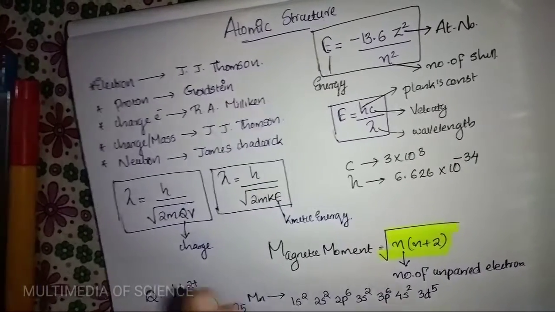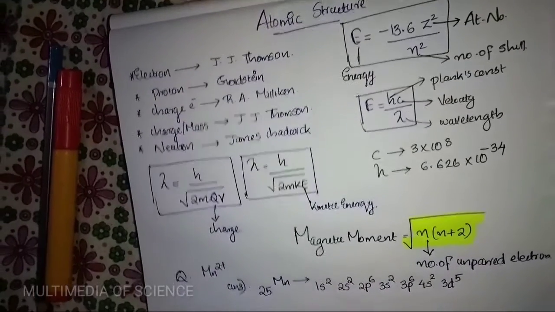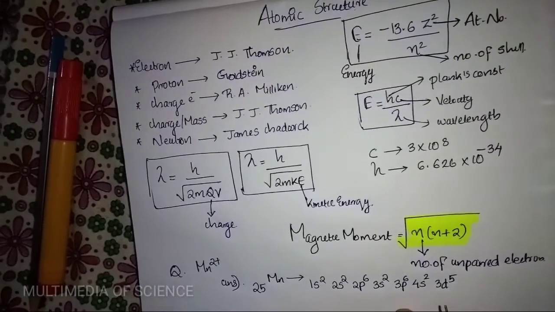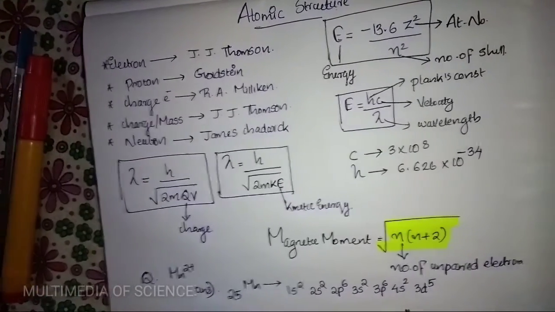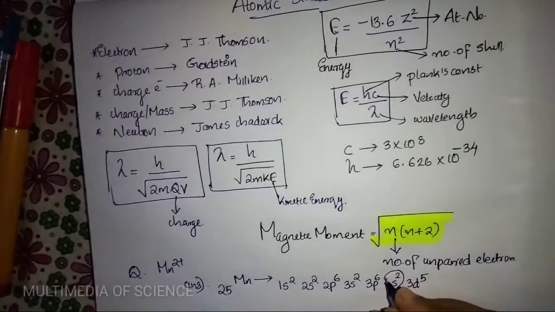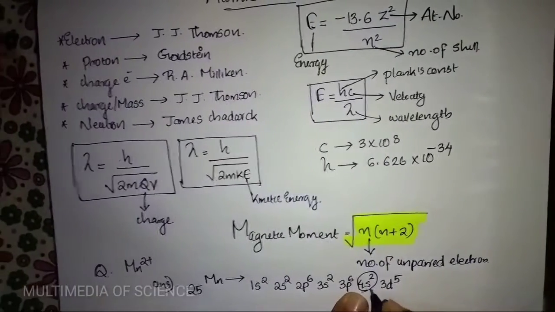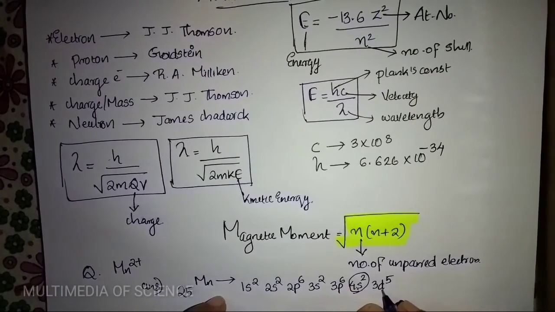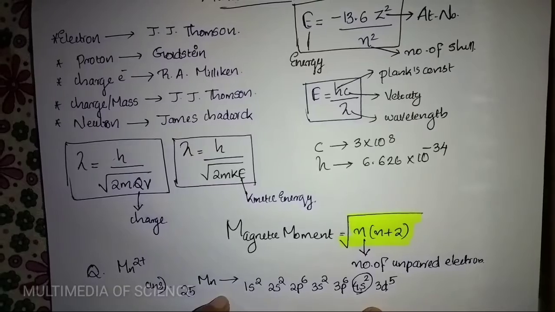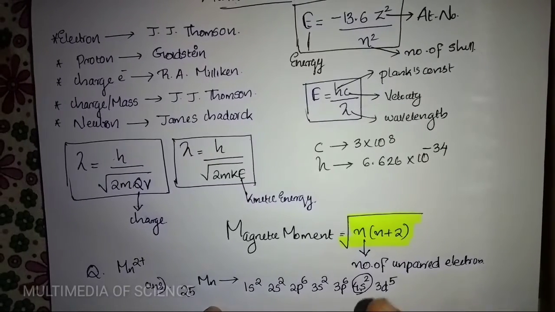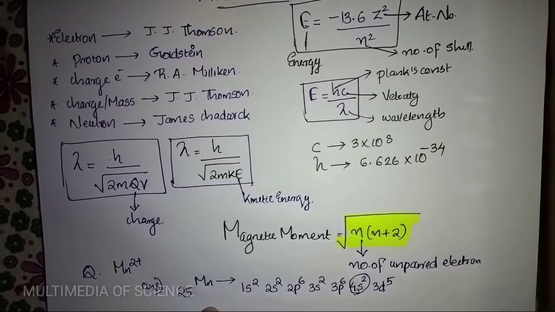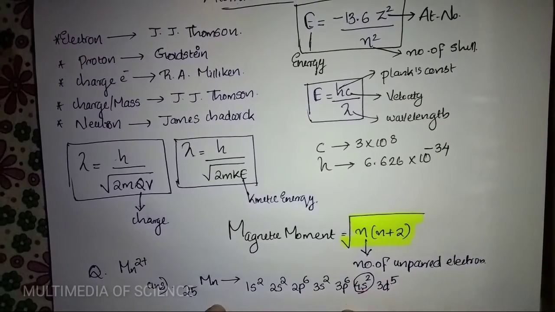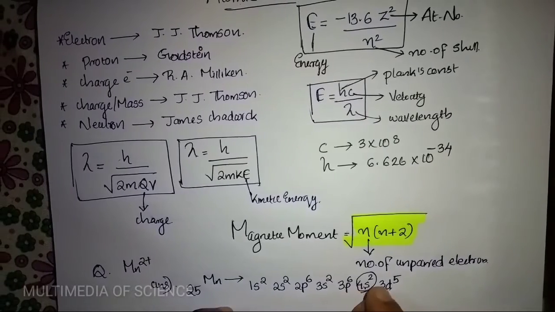Then what happens? Two electrons are removed. The electrons will be removed from the 4s, not from the 3d. It should be memorized: in the case of d block elements, the removal of electrons first happens from the 4s subshell, and only then from the 3d.